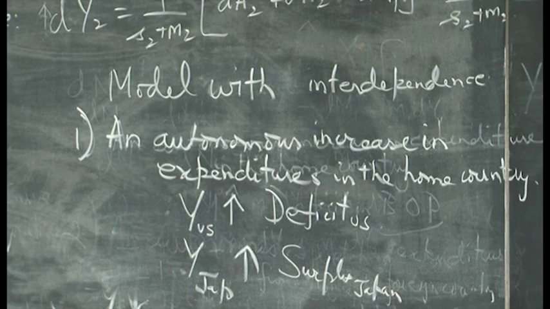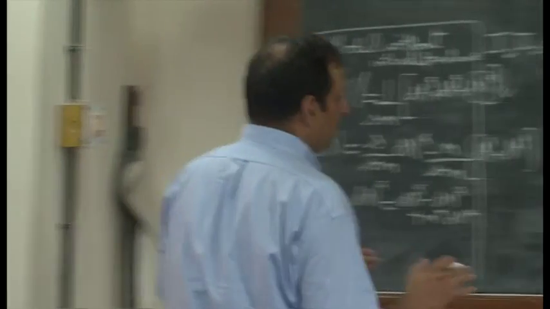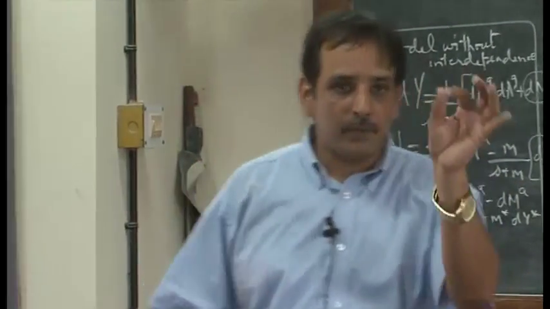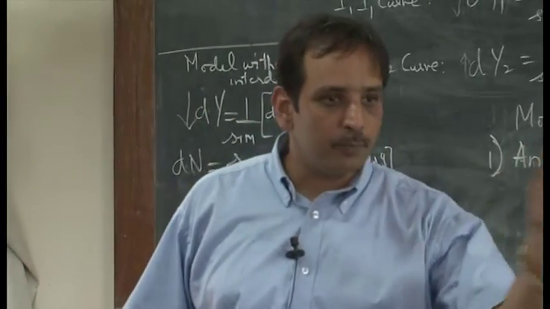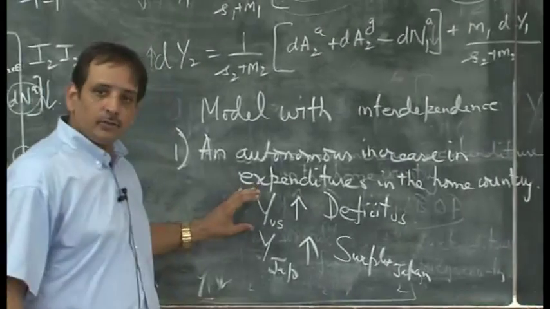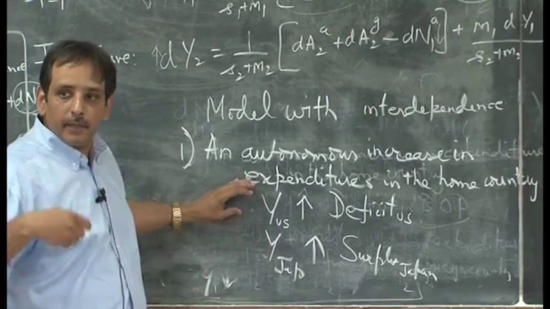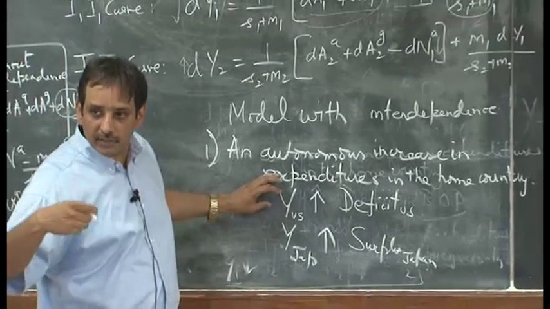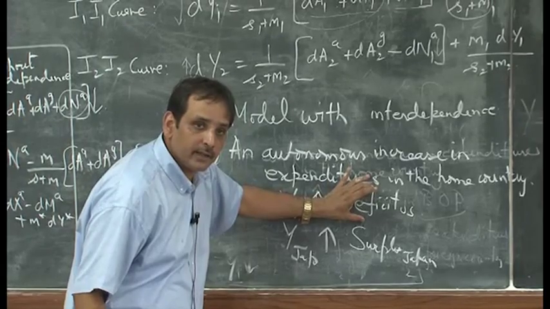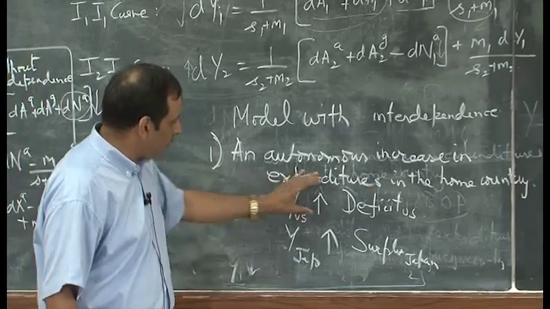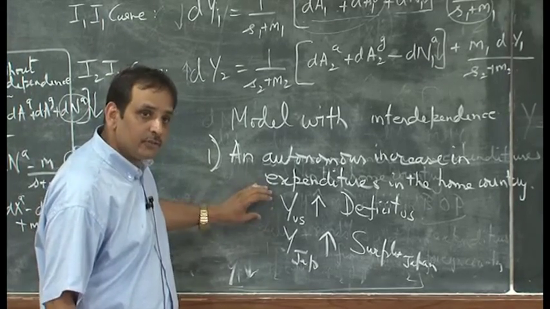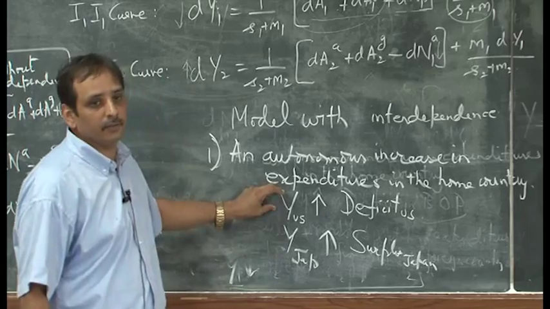So the appropriate policy is again expenditure changing policies when you have an autonomous increase in expenditures in the home country. Again, think of this person who does not know this rule, does not know the optimal pairing of the instruments with the targets, and he tries to use the changes in exchange rates to either look at the deficit in the US or look at ways and means to counter the increase in incomes.